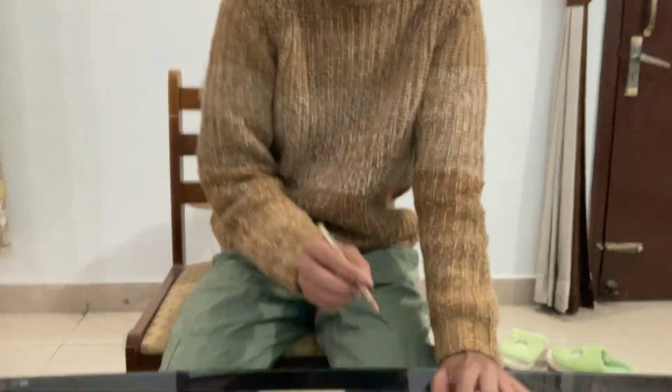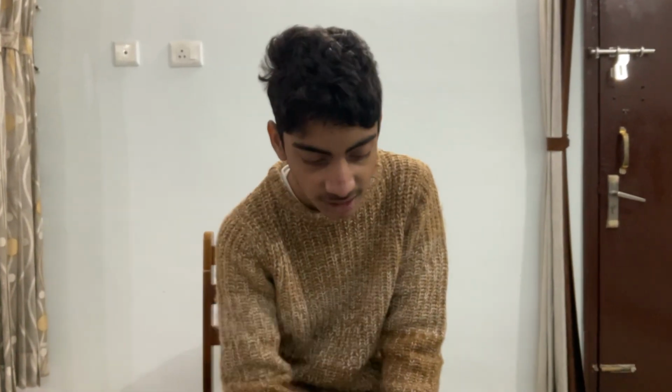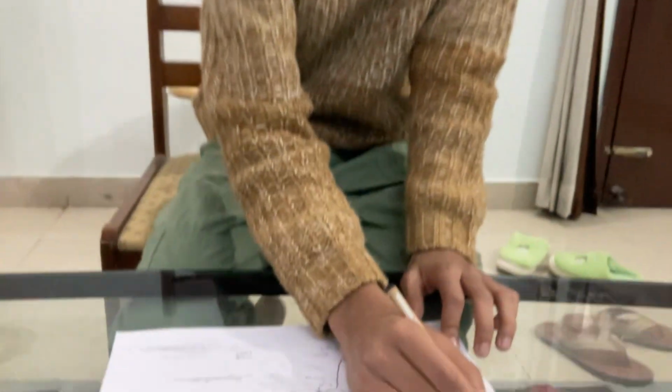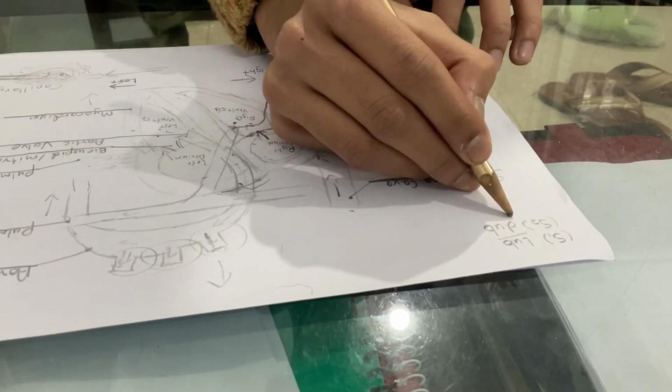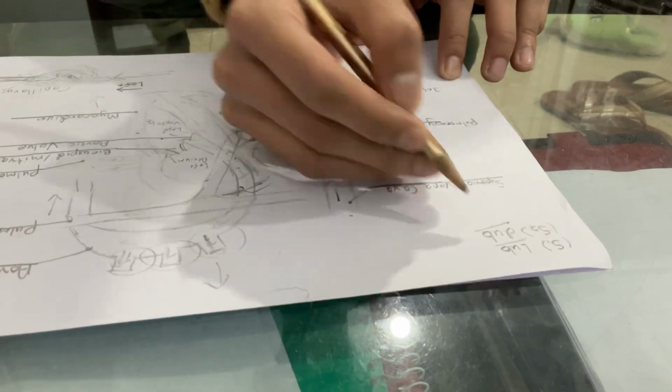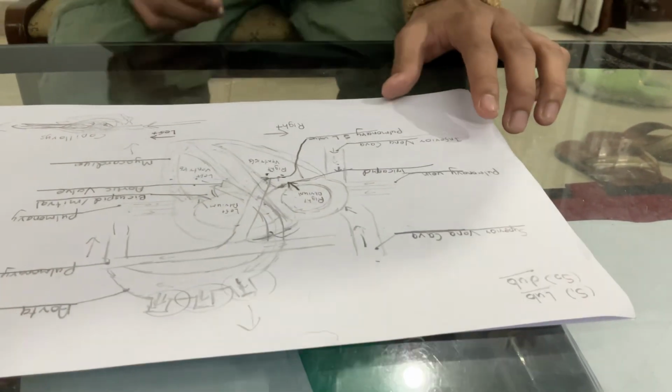So you might have heard doctors putting stethoscopes onto our chest and listening for sounds. There are two sounds, lub dub, like that. The first sound that you hear is the lub, and the second sound that you hear is the dub. What are these lub dub sounds?